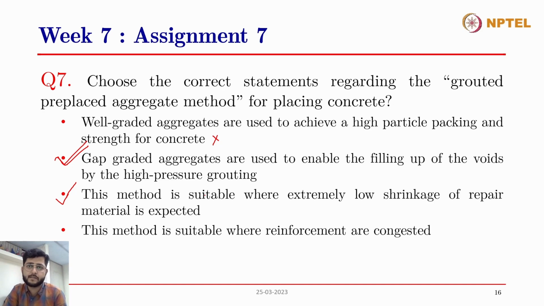The cement paste is the constituent of the concrete that shrinks, right? So due to the large volume of aggregates, the shrinkage in this kind of repair will be less, and therefore this method can be used where low shrinkage is expected. So this is again a true option.